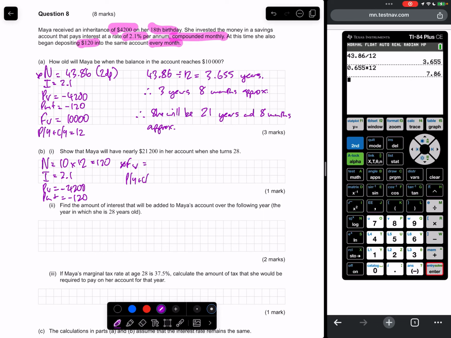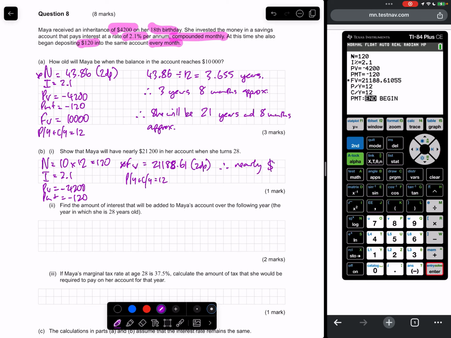PY and CY are both 12. N is 120, alpha, enter, $21,188.61 to 2 decimal places. Therefore, nearly 21,200 when she's 28.